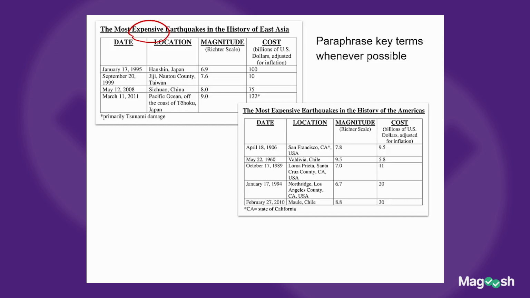So an obvious one in both here is expensive. We actually have a kind of synonym for expensive here already with cost. So something that's expensive could also be described as costly or the costliest. If we're thinking of the most expensive, it would be costliest. Earthquake would be the paraphrase there. That would be a possibility to use that word as a replacement or as a synonym at various places in your response.